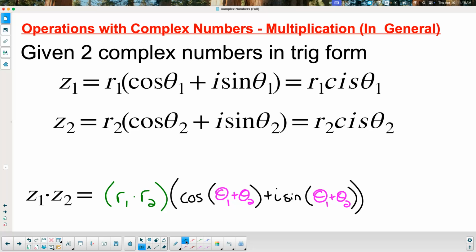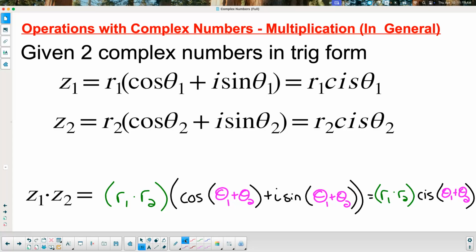Okay. Or in shorthand form, so trig form makes it nice to multiply. Makes it quick to multiply. Okay?